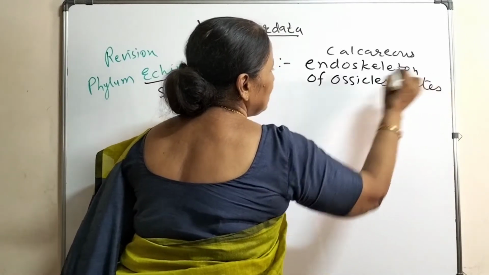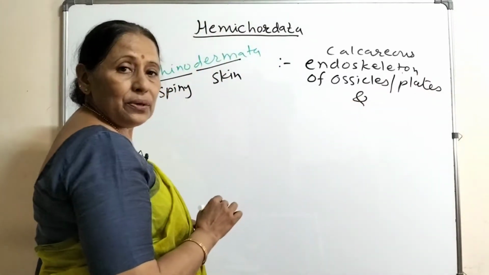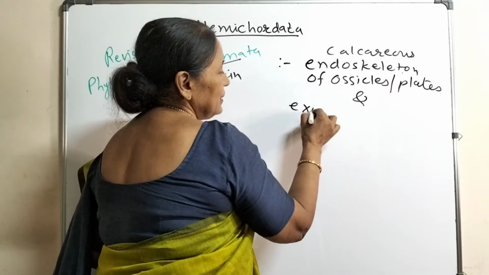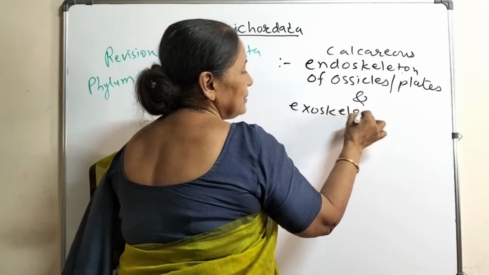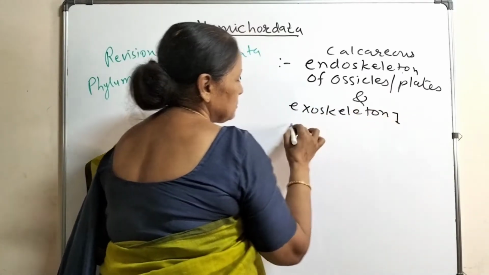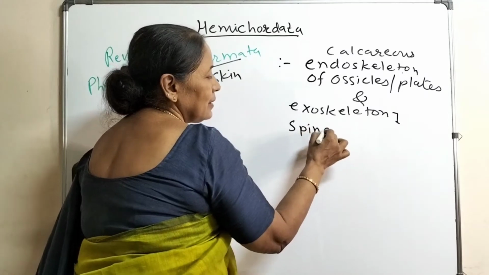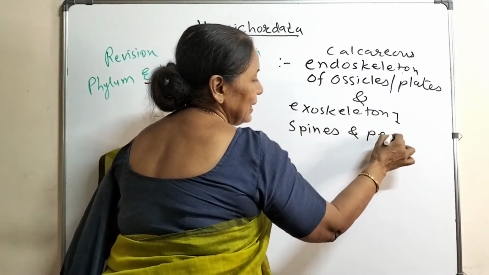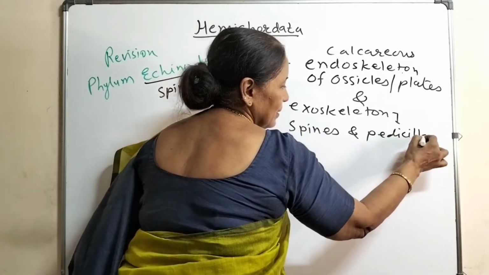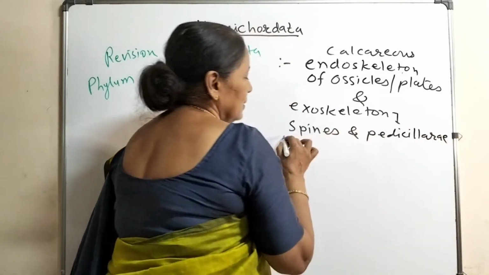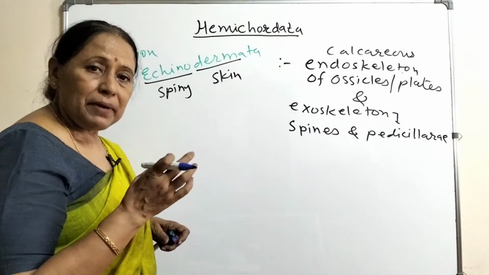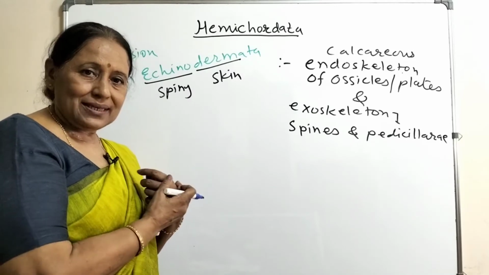They are in the plate form, and they also have an exoskeleton, and this exoskeleton is made up of spines and pedicellariae. So the spines and pedicellariae are on the outer surface.